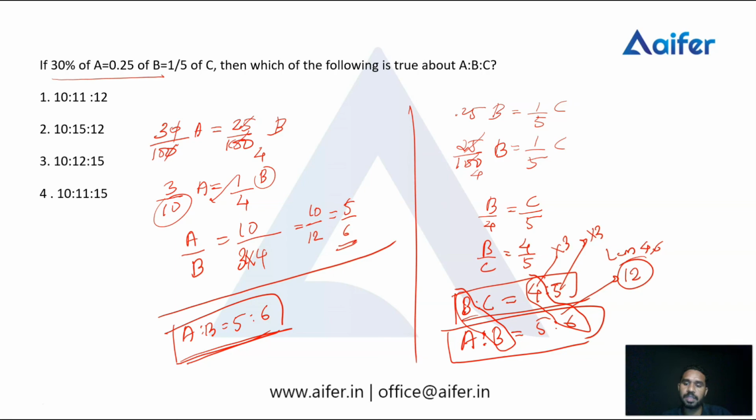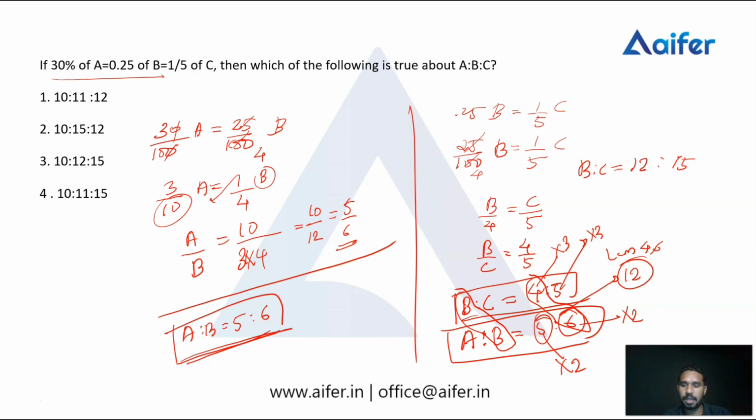So B is to C now becomes 4 into 3, 12, and 5 into 3, 15. In the second case, to get from 6 to 12 we multiplied by 2, so we should multiply this 5 also by 2.